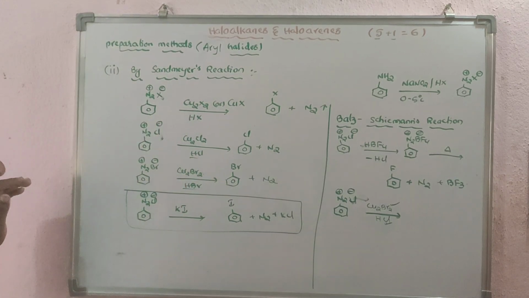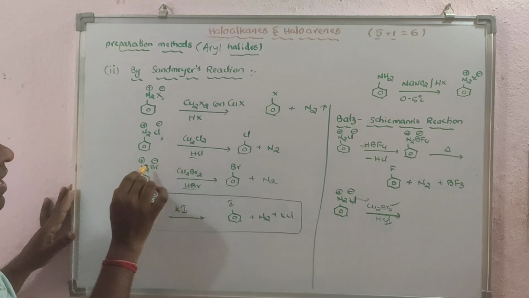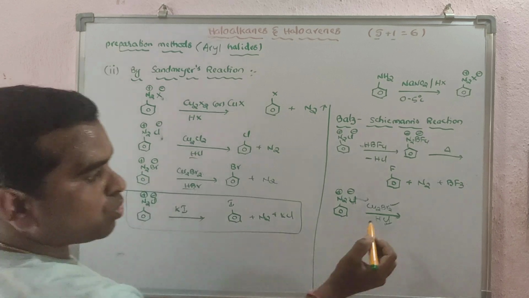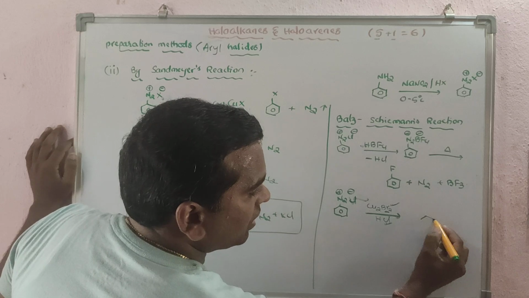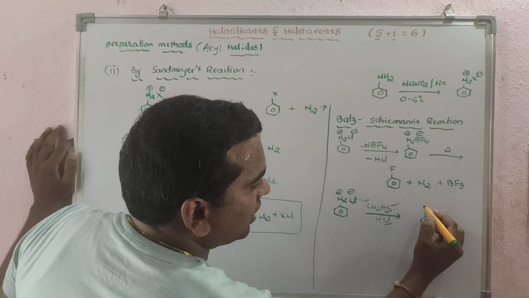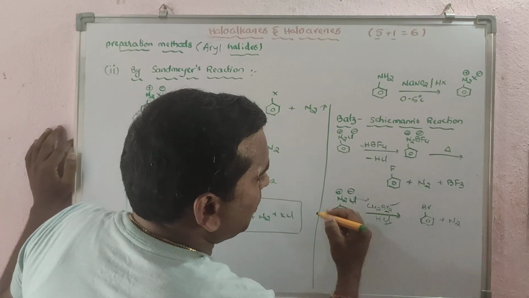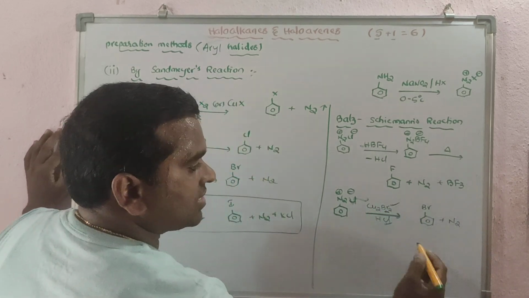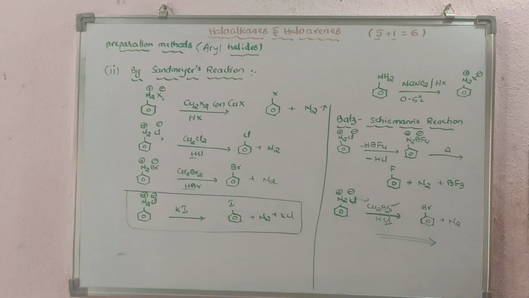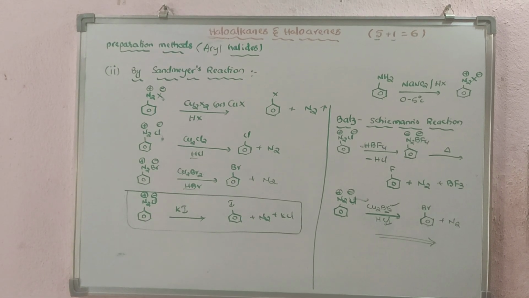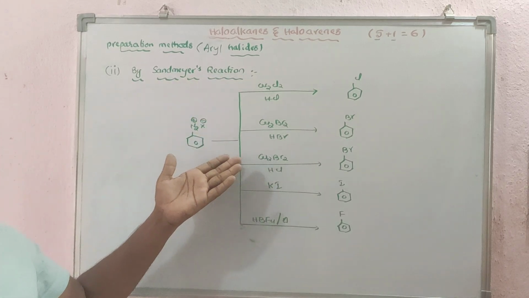Then remember always the halogen which is bonded to the copper will be added on the benzene ring. So which one is bonded to the copper here? Bromine. So that's why you will get bromobenzene plus N2 plus Cu2Cl2. This is the reaction. This is the Sandmeyer reaction.